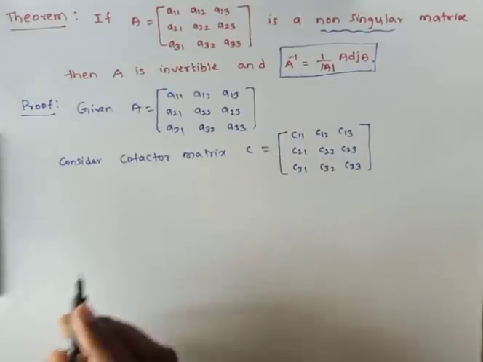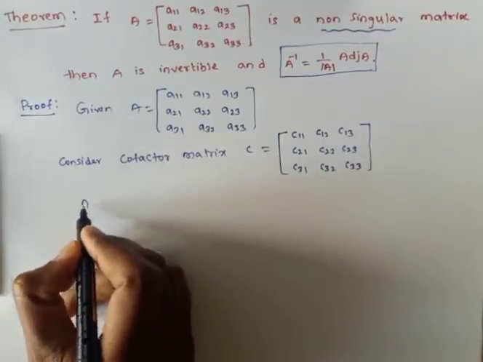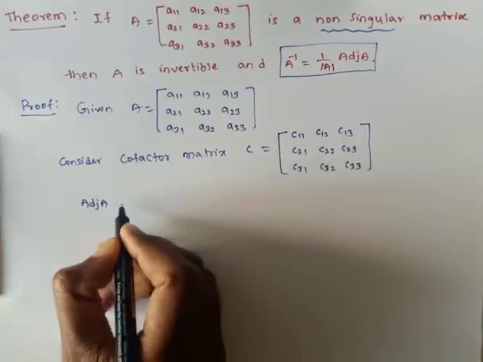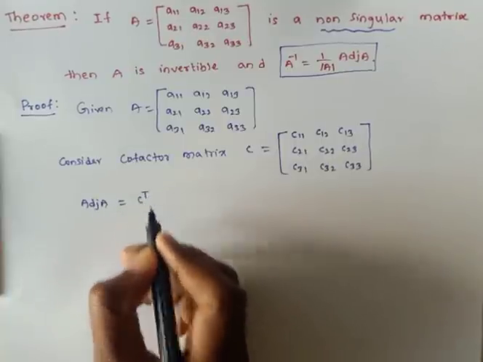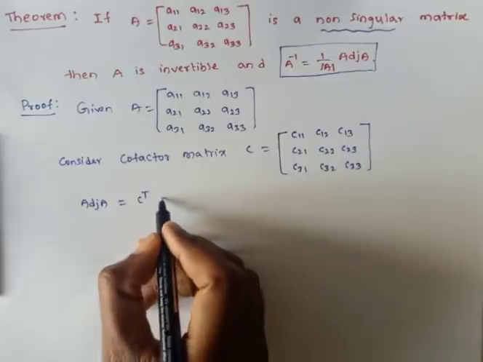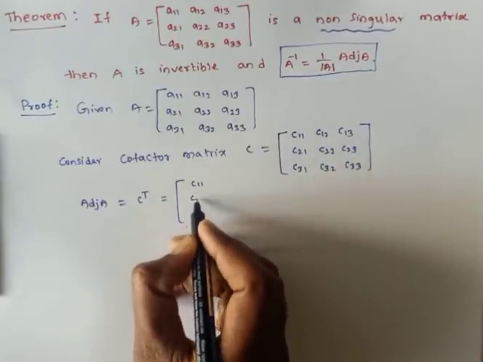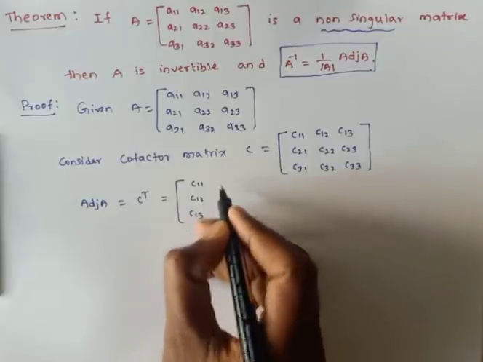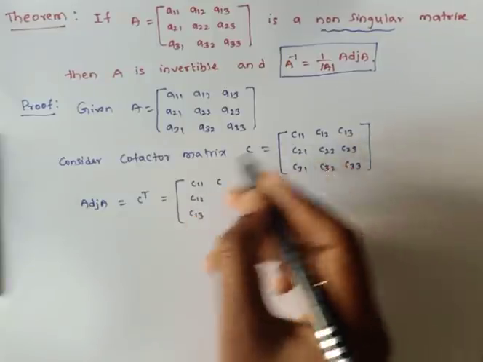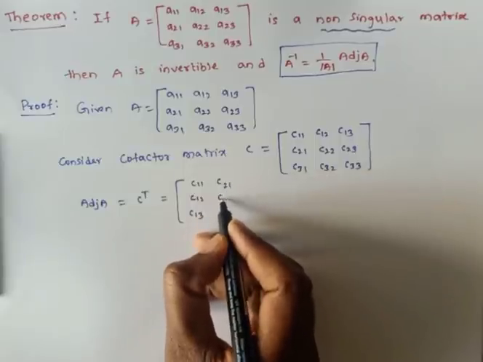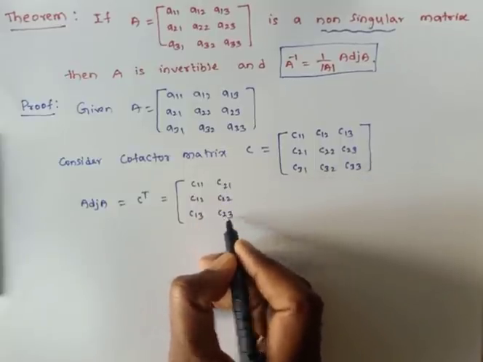By using these cofactors we can evaluate the adjoint of a given matrix. Adjoint of A is nothing but C transpose. That is C11, C12, C13 by interchanging rows into columns, so C21, C22, C23.